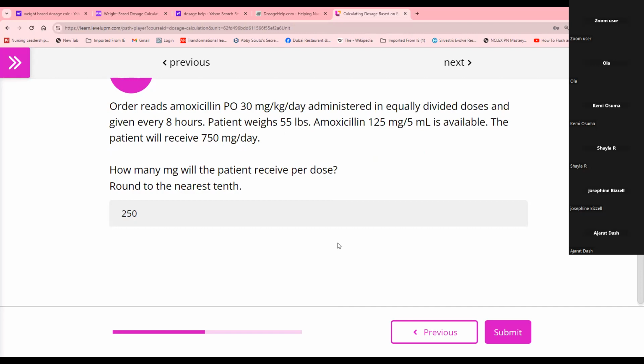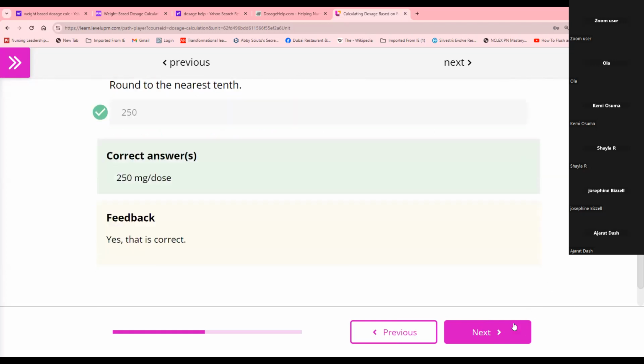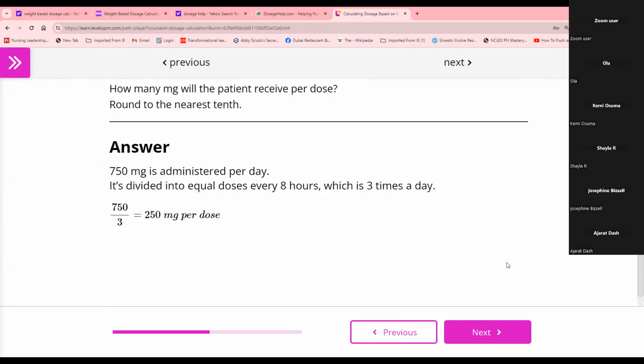If you divide that by 3, I already know that 250 and 250 is 500, so another 250 is going to be 750, if I wanted to double check myself here. Nurse, double check yourself on the math. Go back and look at your steps and see what you missed.